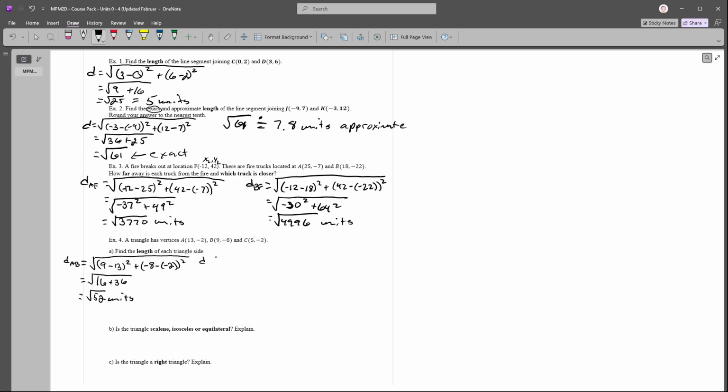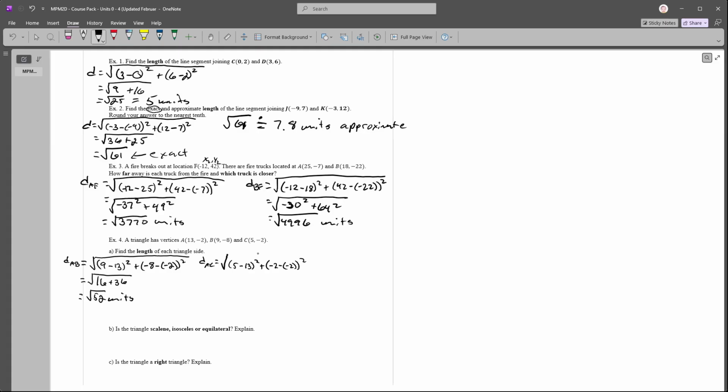Now let's do the next one. Let's do the distance of AC. So from A to C. Square root, same thing. So that means our x2 is going to be 5 minus our 13, squared, plus our y2, which is -2, minus our y1, which is also -2.